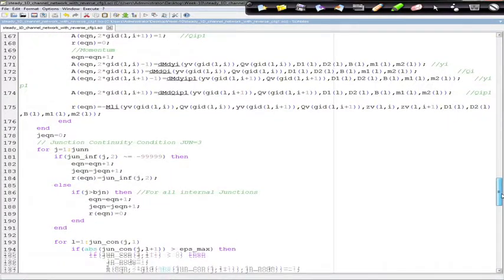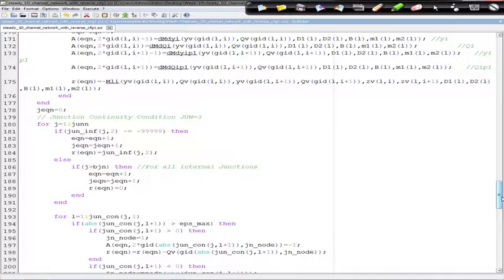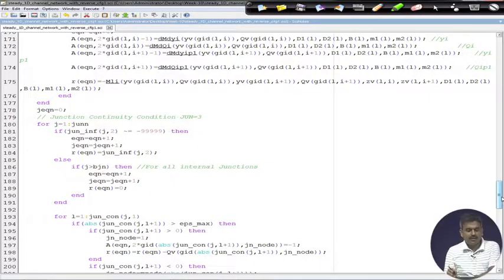I can start including the junction continuity conditions. For each junction there will be one condition. So, for junction j equals to junction number, for each junction number we have one condition.